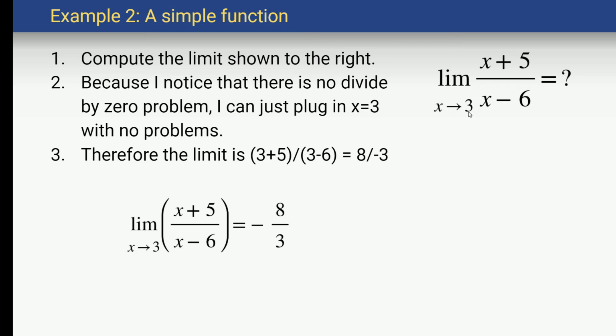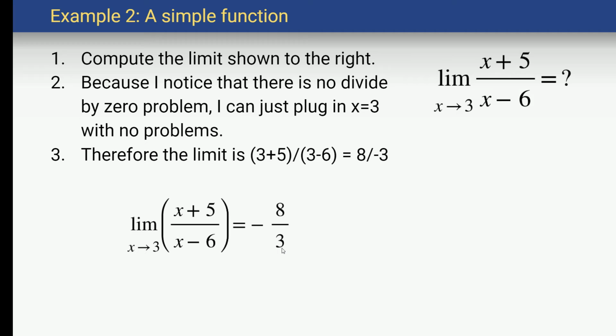If you want the limit as x approaches 3, just put a 3 in for x. So you'll have 3 plus 5 on top, which is 8. Plug the 3 in on the bottom, you'll have 3 minus 6, which is negative 3. So you end up with 8 divided by negative 3. And that would be your answer. Okay, negative 8 over 3. Because you can just plug in the 3.